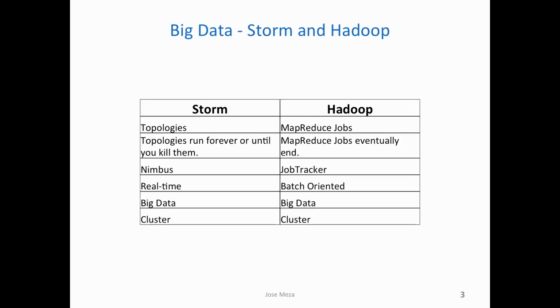With a topology, it can run forever, since real-time data can be coming in continuously through a queue. In Hadoop, you have a job tracker. In Storm, it's analogous to the Nimbus. Obviously, Storm is real-time. Hadoop is batch-oriented. Both were created to handle big data, and both are distributed, which can run on large clusters.